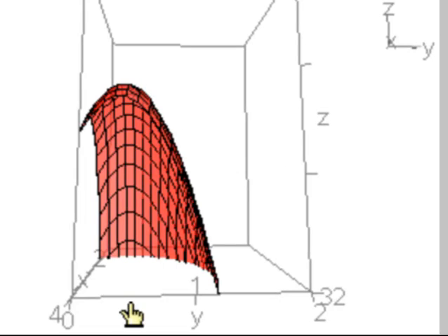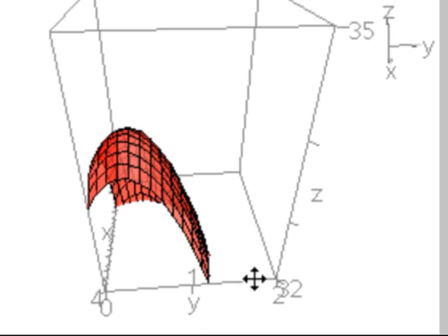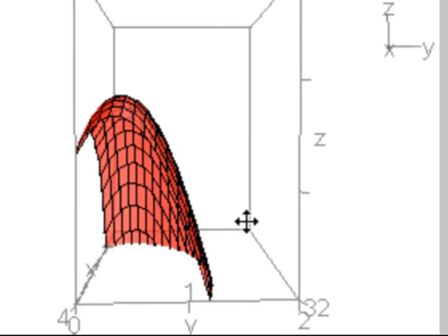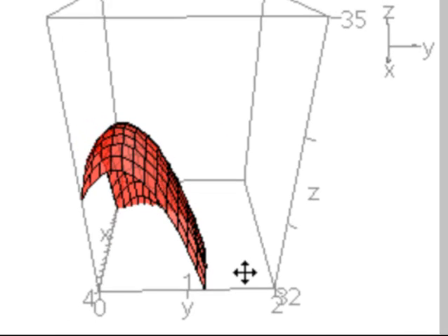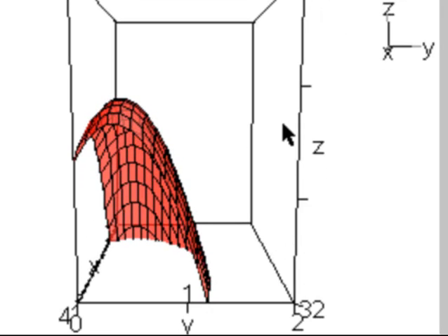Okay, looks like about 0.5 for y. Okay, so we got 3.5, 0.5, and the z, there's 32, there's 35. This is scaled at 1 apiece, I believe. 32, 33, 34, yes, 1 apiece. So the maximum z actually looks very close to 34 here.